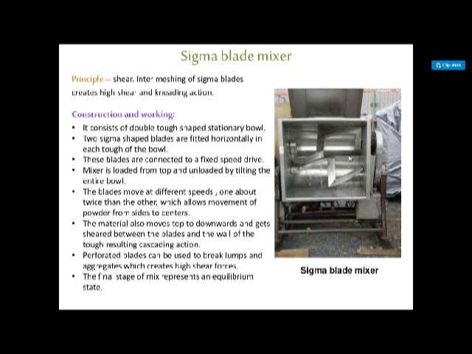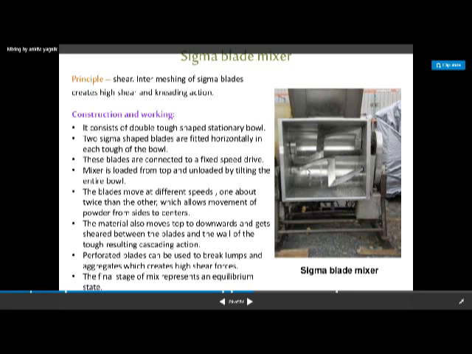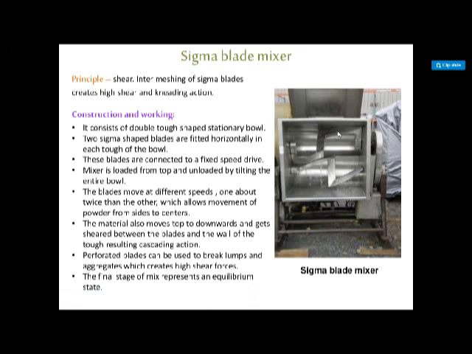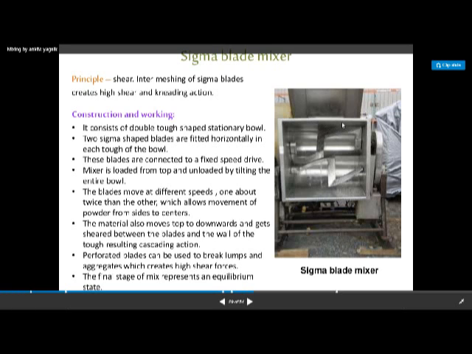The clearance of this blade is very small. The clearance means the space between the wall of the trough and the blade, and it is very less. So the powder present towards the side can be brought to the center of the trough.